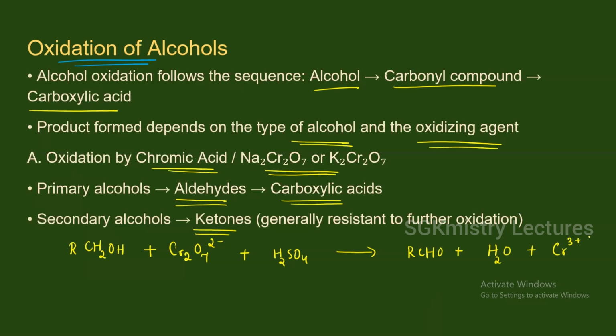Then the dichromate ion is reduced to Cr3+, because we know that dichromate ion is an oxidizing agent. So when it is acting as an oxidizing agent, it itself undergoes reduction, right? So dichromate ion gets converted to Cr3+, and of course we also have sulfate ion from the sulfuric acid.